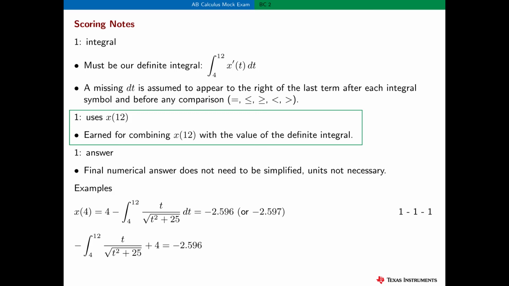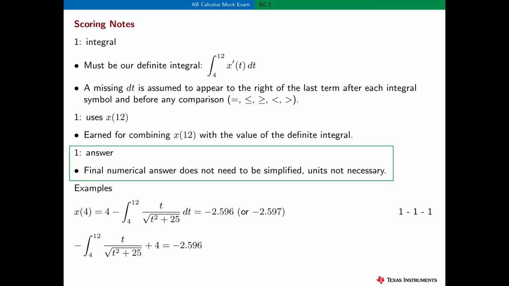Now, as you might expect, some students will omit this value and use only the definite integral. And finally, the third point is for the answer. This can be a numerical answer, rounded or truncated, and the units are not necessary here. In this case, we'll ignore any units that are presented by the student.